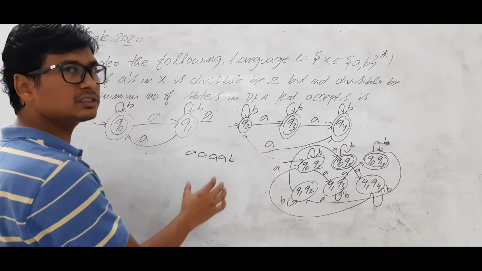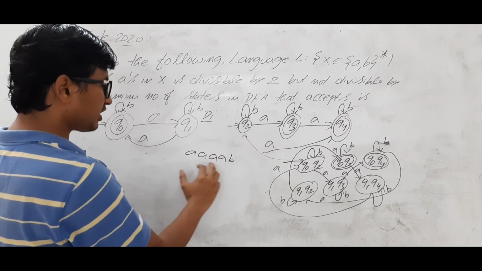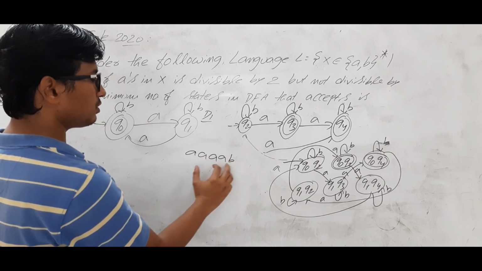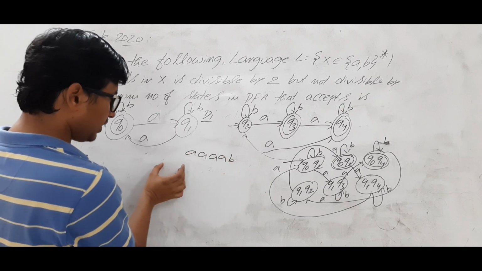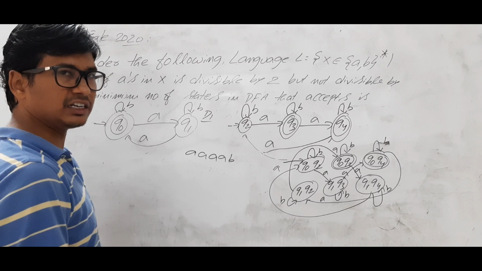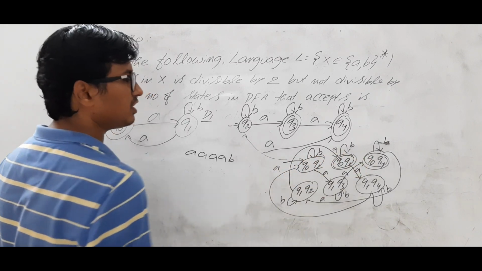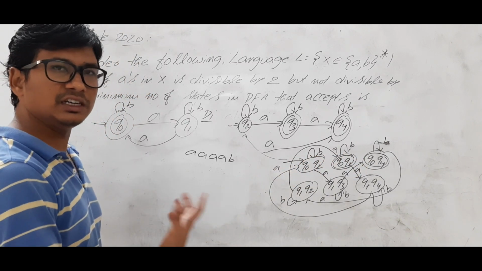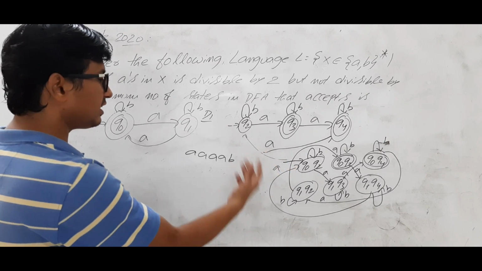The string is accepted when, starting from the initial state and traversing the string, I reach any one of the final states. There are 2 final states. Then I will say that it is a correct DFA and it is accepted.